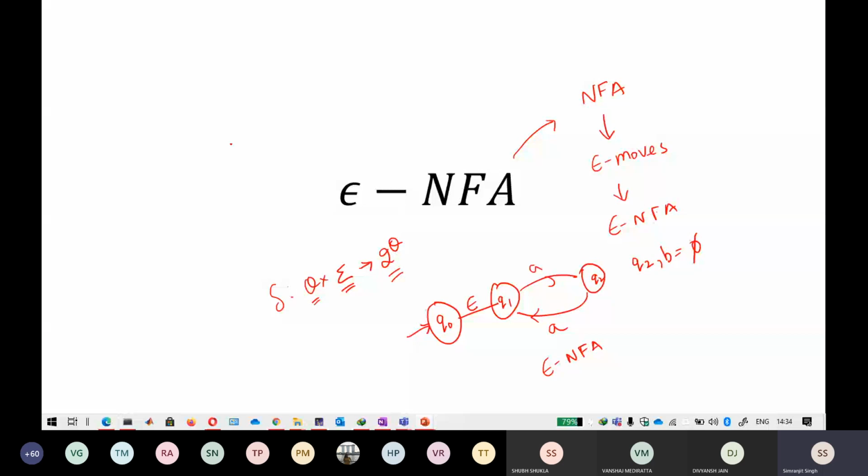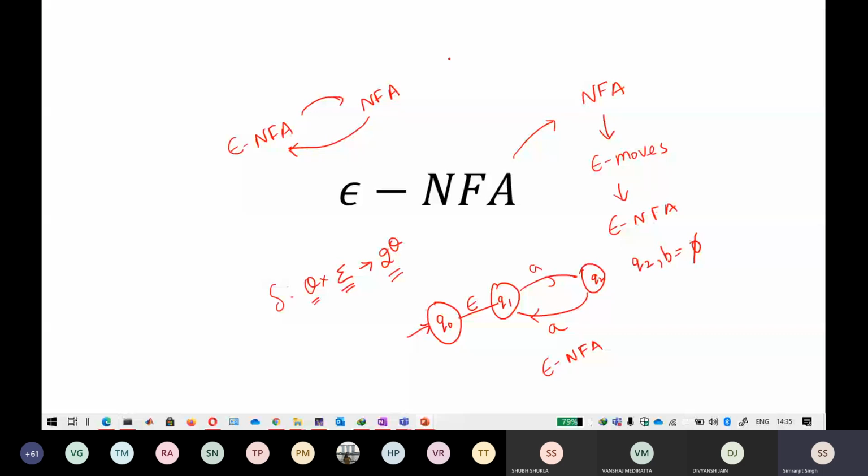You just have to introduce an epsilon, because the meaning of epsilon is absolutely nothing. It means that from Q0 you can reach Q1 without getting any input, so you can freely move. There is no particular application of epsilon NFA, and we do not want it, because there are very few advantages of epsilon NFA.